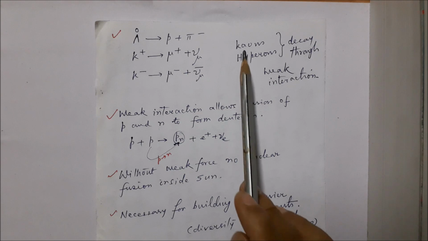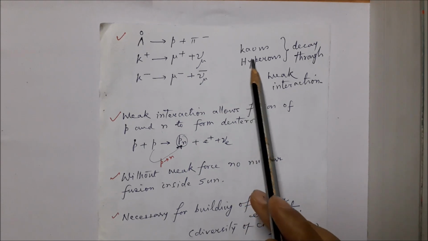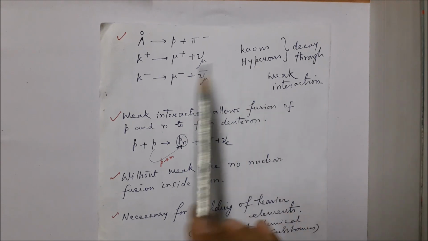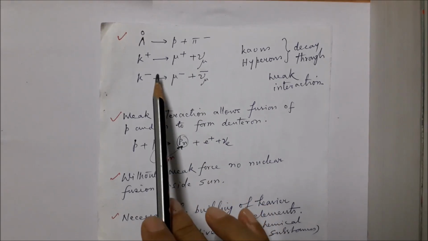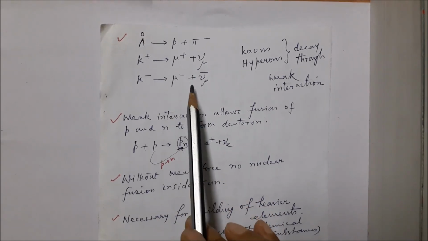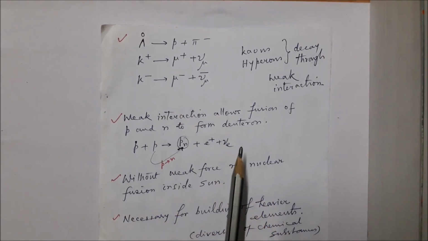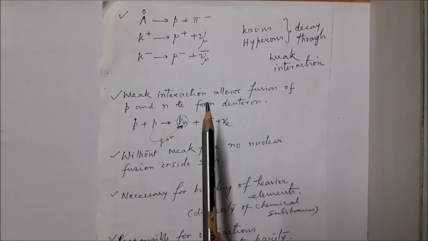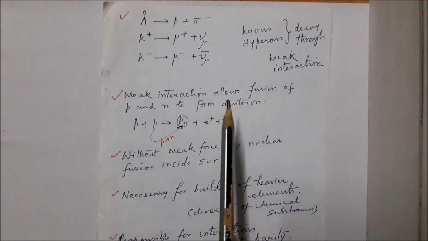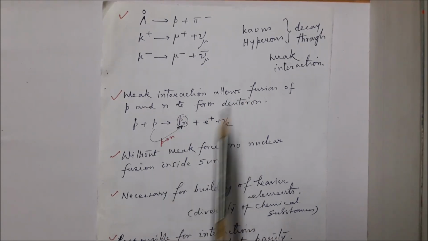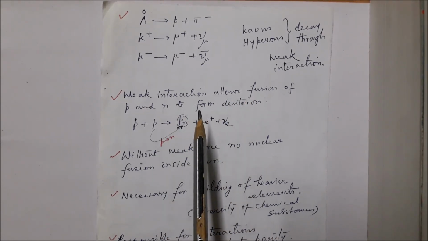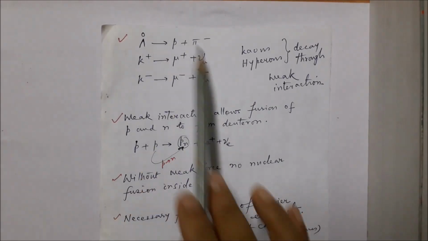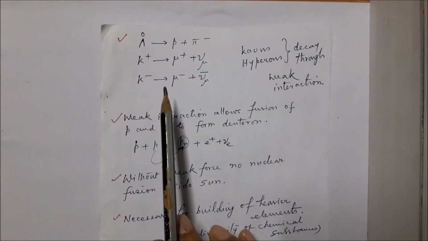Kaons, hyperons, which are called strange particles, they too decay via weak interaction. In this lecture, we are concentrating on the interactions, their nature, their characteristics, and we will present all these in a tabular form. And regarding elementary particles, we will be discussing them in a separate lecture.